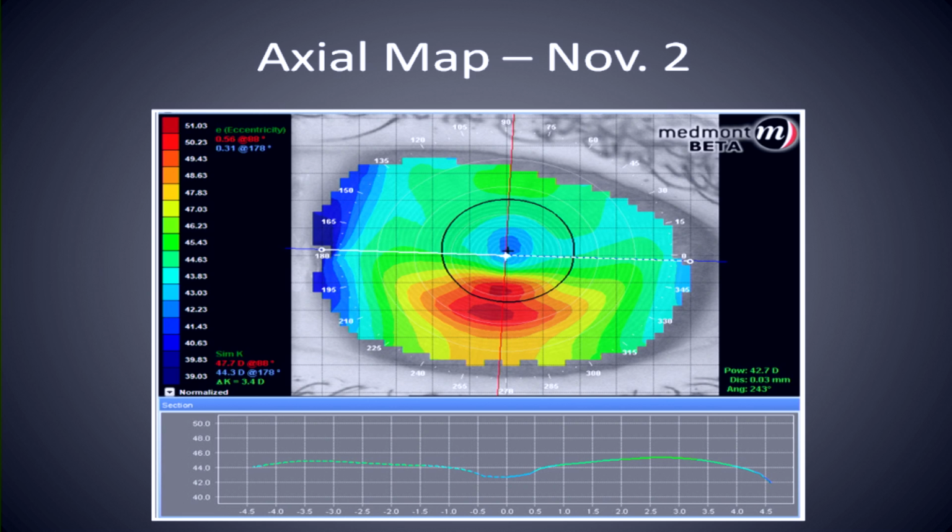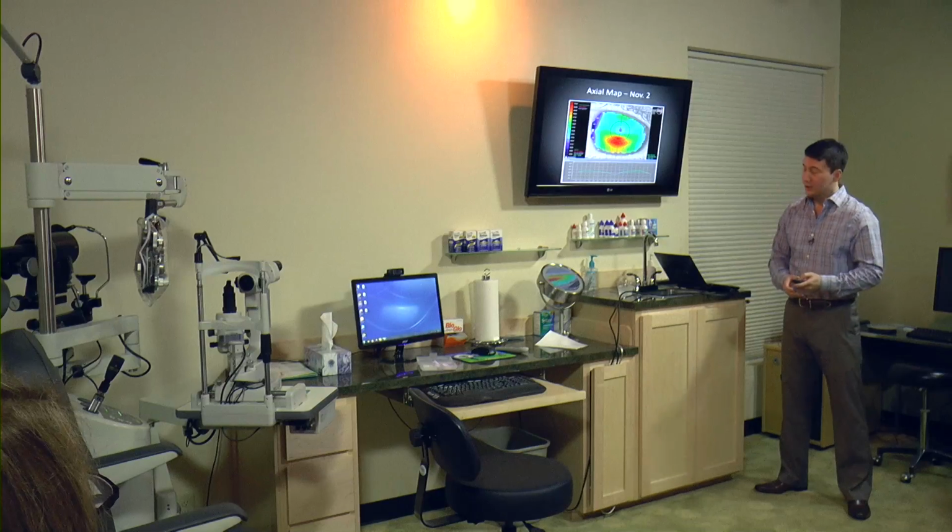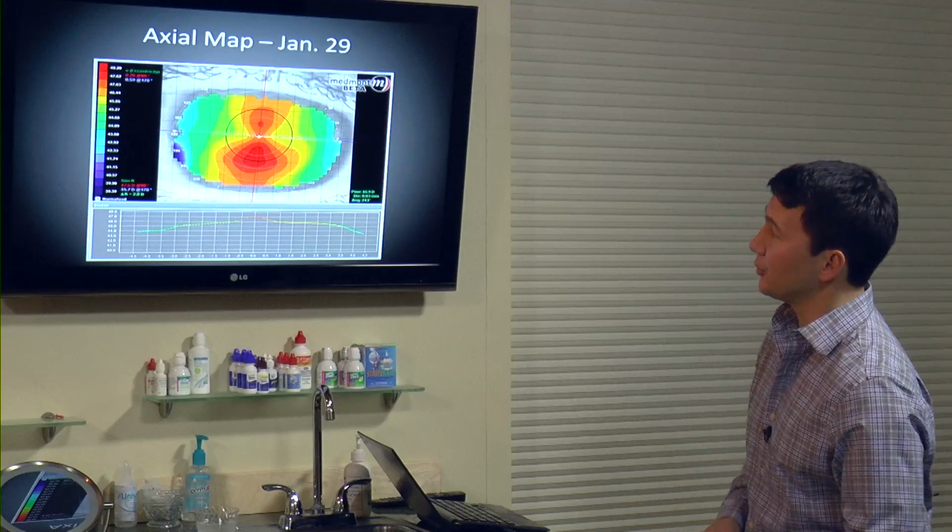And this is an axial map, an axial interpretation. An axial is the best way to understand power or refraction. But if you want to understand how a contact lens affects shape, you use something called a tangential map.